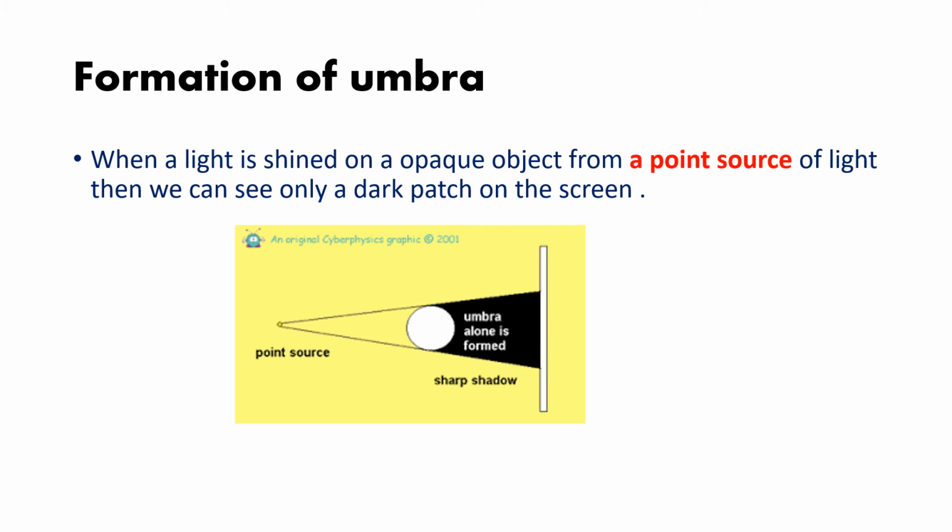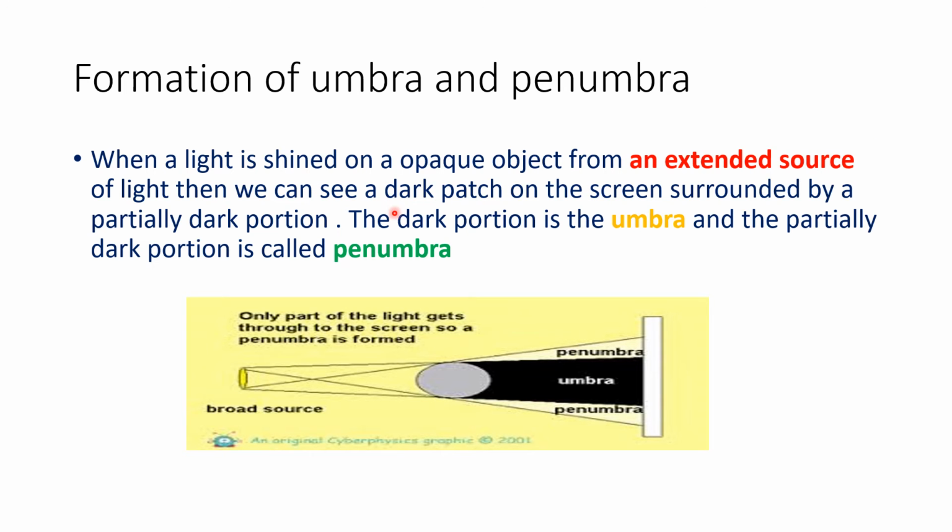Now, when light is shined on an opaque object from an extended source. Extended source means a little bit larger source of light, like a tube light. The source is big. Then from the sides, some light comes on this side. Initially you had the whole cone as black, no?